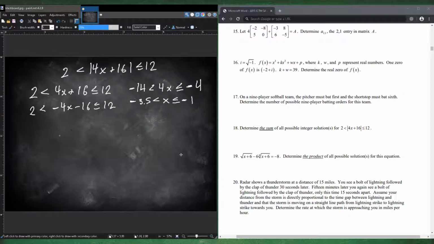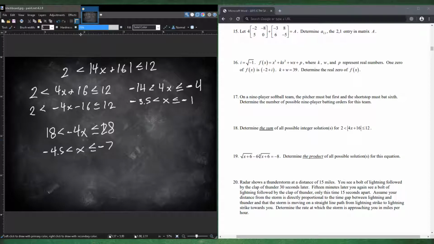So that will become 18 is less than negative 4x is less than or equal to 28. Okay. And then we divide by negative 4 on all sides. So that's negative 9 over 2. So that's negative 4.5 is less than x less than or equal to negative 7. Oh, sorry. This is, yeah.